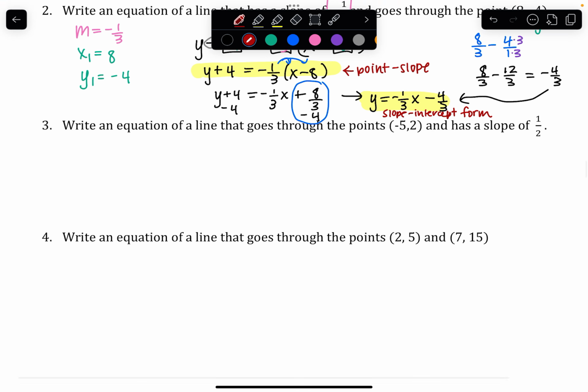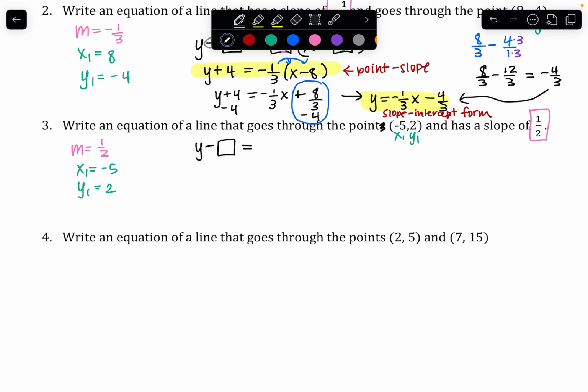Okay, now it says write an equation of a line that goes through the point (-5, 2) and has a slope of 1/2. So there's our slope. Here's our point. x1 is -5, y1 is 2. So y minus the y equals m times x minus the x.